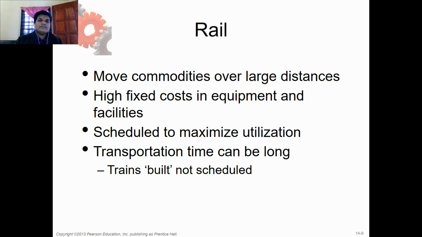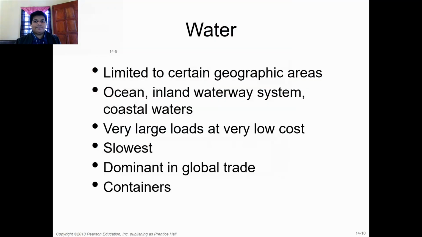But certain natures of product are suitable when we use rail. Water is limited to certain geographic areas: ocean, inland waterway systems, coastal water. It carries very large loads at very low cost, is the slowest, is dominant in global trade, and carries containers.